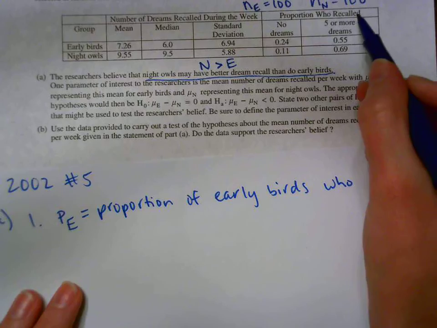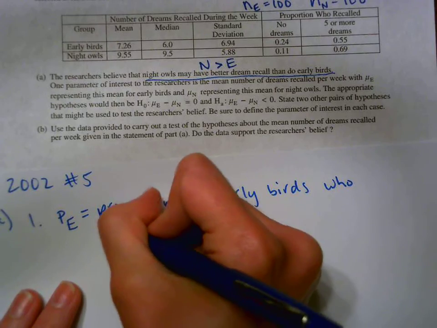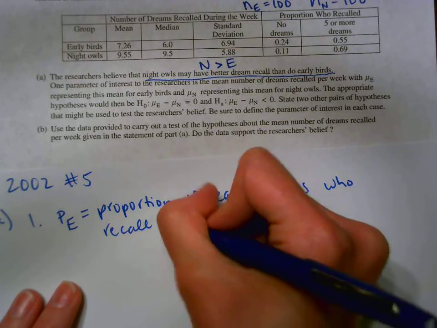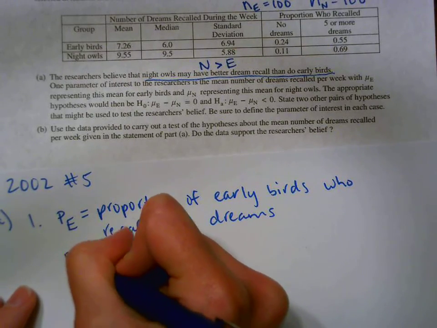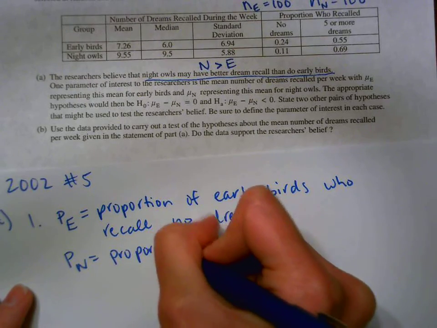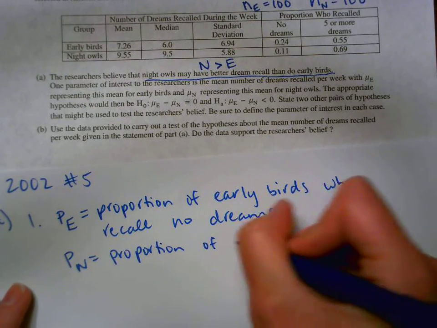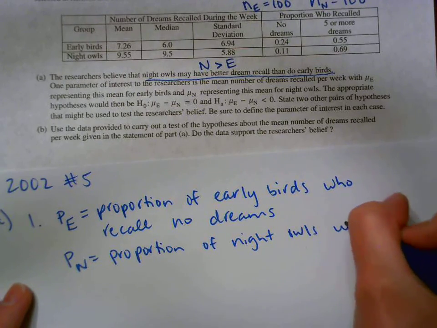Now don't put recalled, remember that's past tense, so that would be referring to the sample; just put recall. And then pN is the same, but the proportion of night owls who recall no dreams.